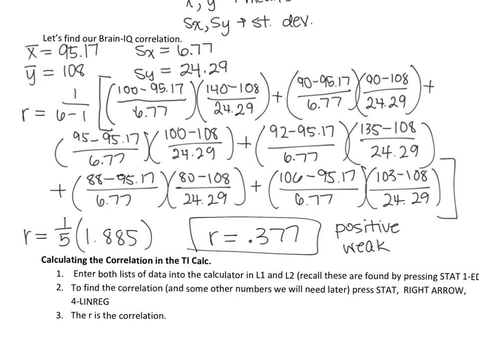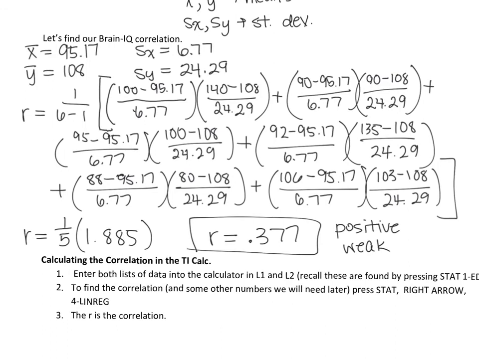You go into stat, then edit, and under list 1 you put all of your brain sizes: 100, 90, 95, 92, 88, and 106. Under list 2, you put all of the IQs: 140, 90, 100, 135, 80, and 103.